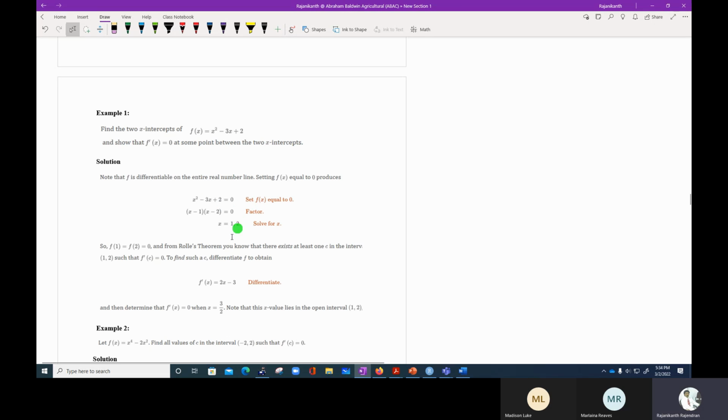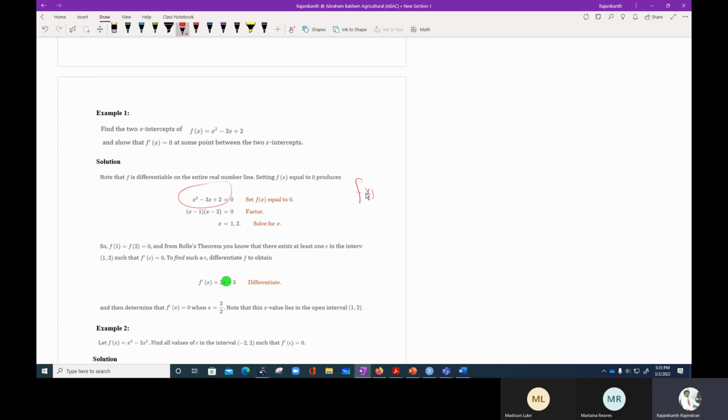Okay, so here you are just simply finding the x-intercept, not the derivative. Simply find the x-intercept by equating the function to 0, and you will get 2 x-intercepts. So f of 1 and f of 2 are the same value, which is 0. So how can I apply Rolle's theorem for this problem?